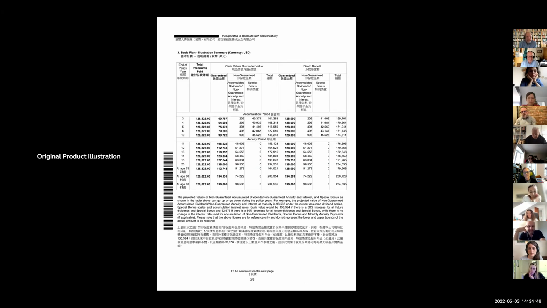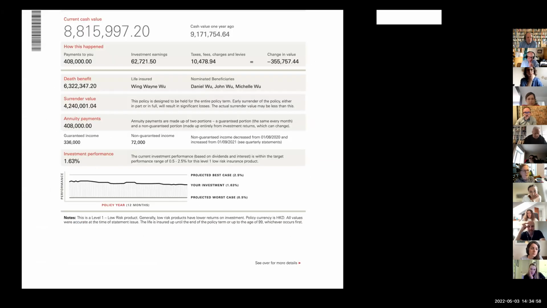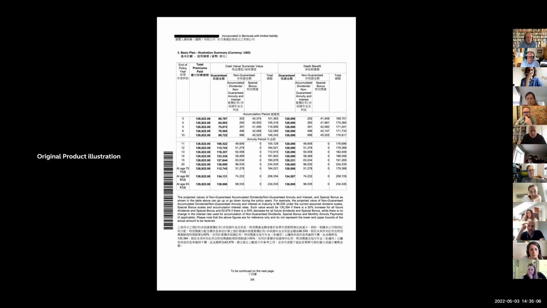So the original product illustration, this is one of the things. We're having problems with this project because one of the issues is the guidelines around how you report in Hong Kong. The guideline says that you need to provide an updated product illustration, a projection of how it's going.